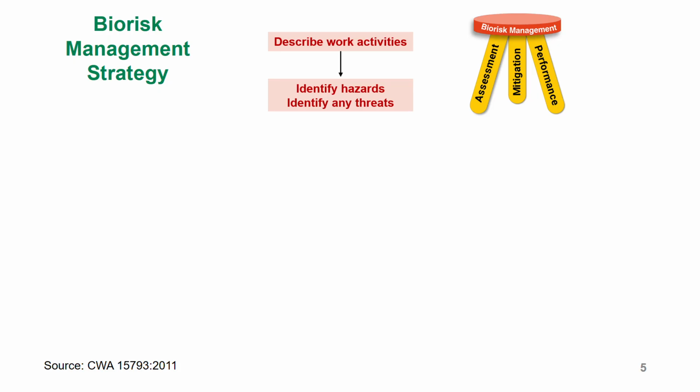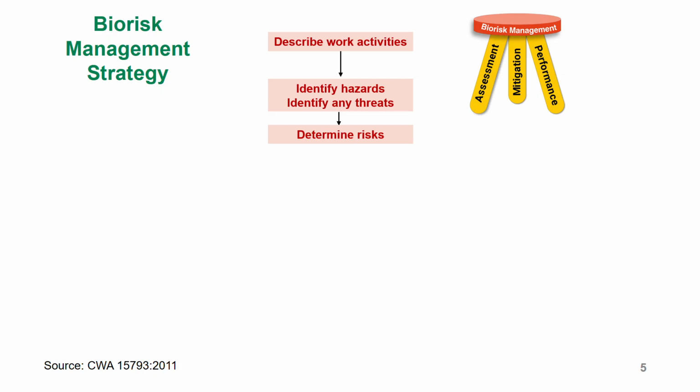You need to identify these biological hazards or agents involved in the activity. Then you look at what risks these biological agents will pose while you are doing the work activities in the lab. Under determining the risk, this is where you do your hazard characterization, or agent characterization.